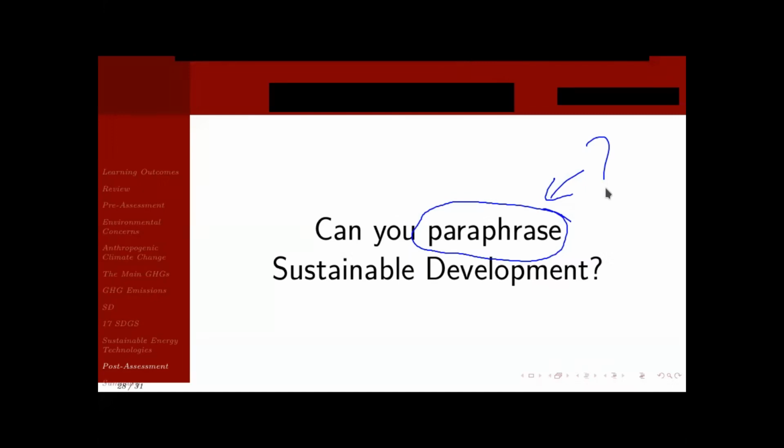Development that will not be hampered by any short-term change of climate or political action or something else. Okay. Thank you. Arnob. Yes, sir. Can you paraphrase?